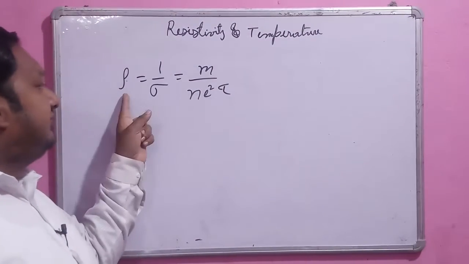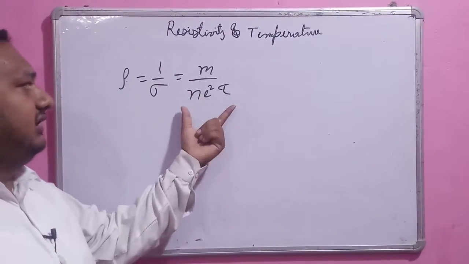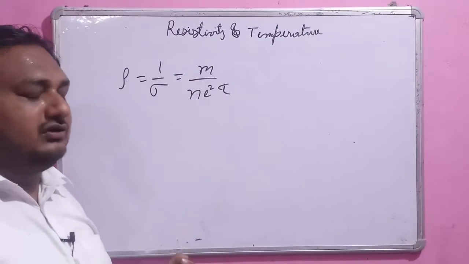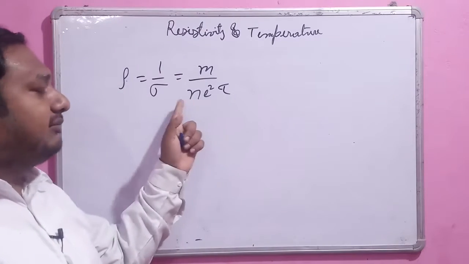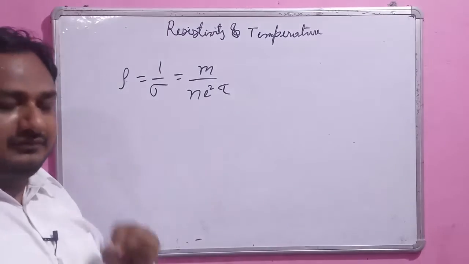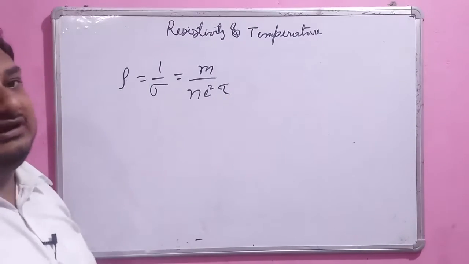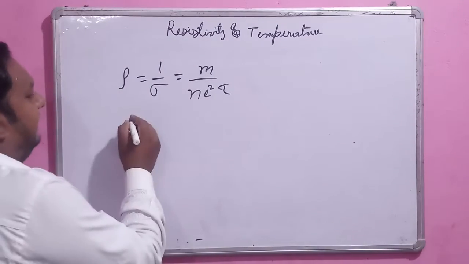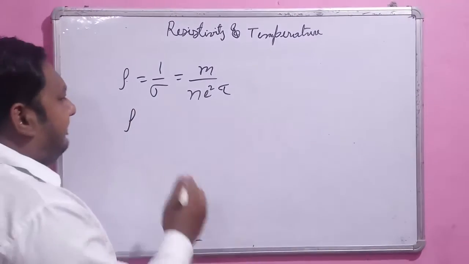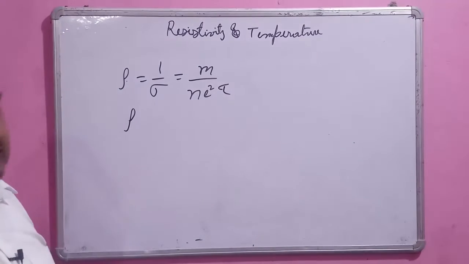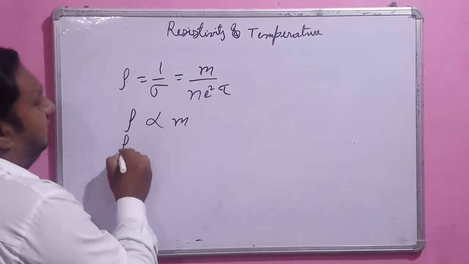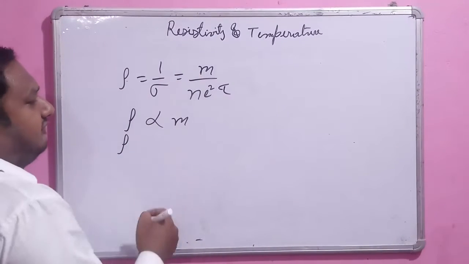So resistivity is dependent on the mass of the electrons, the number density, the number of electrons per unit volume, the charge of the charged particles, and the average relaxation time. So resistivity of conductors or semiconductors depends on the mass of electron. Resistivity is directly proportional to the mass of electron.